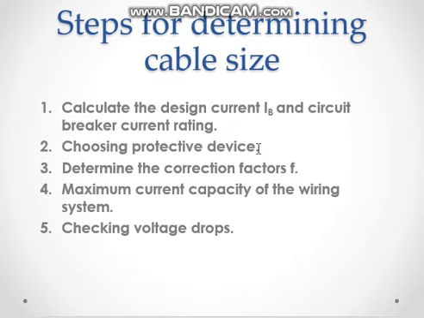Then after getting this protection device, you can determine the correction factor. This correction factor you can check depending on the installation method and also the temperature you have. Then after finding this, you shall be calculating the maximum current capacity of the wiring system. This will give you the size of the conductor.